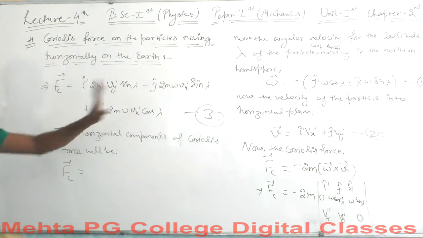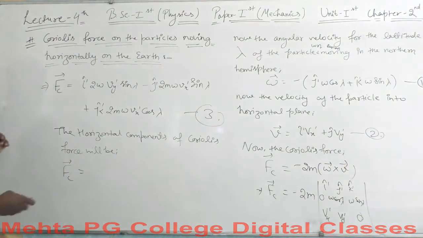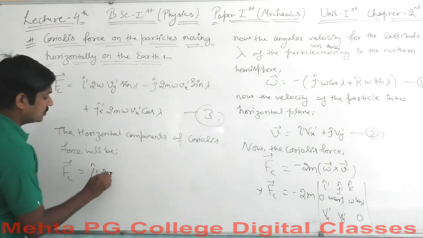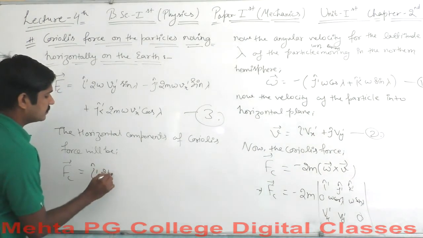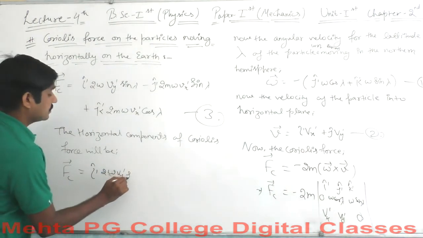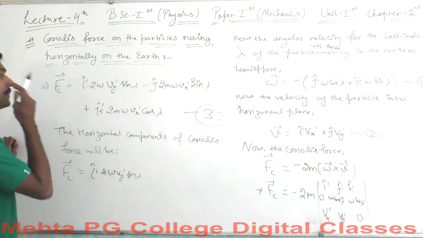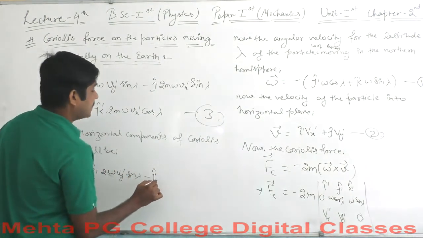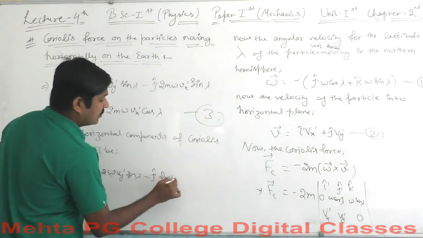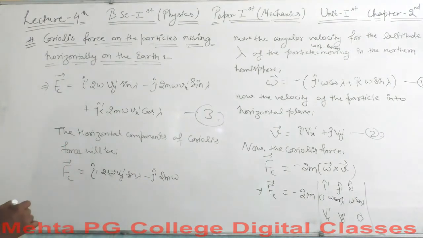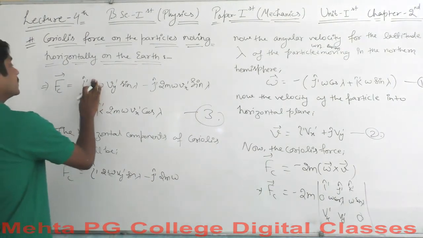So we need to talk about only these two here: I dash cap 2 m omega Vy dash sine of lambda minus j dash cap 2 m omega Vx dash sine of lambda. The m is also to be considered here.